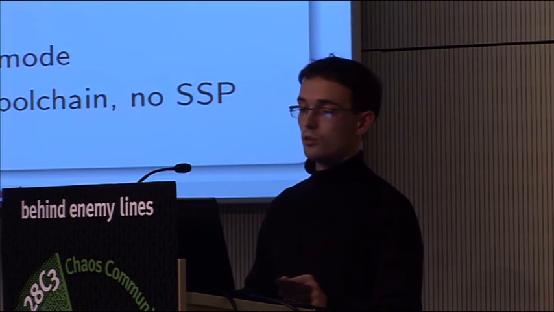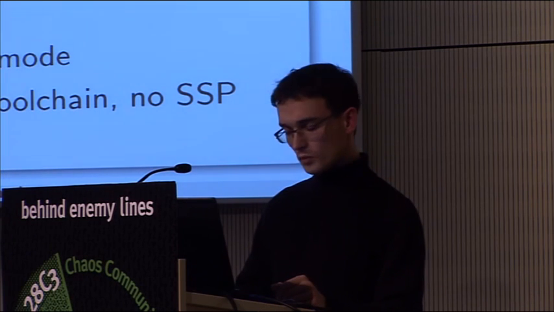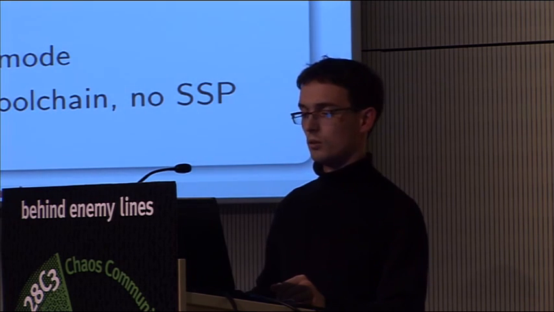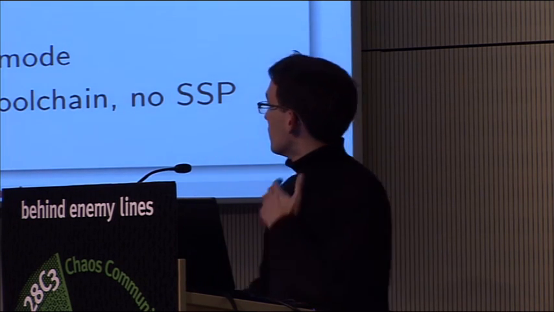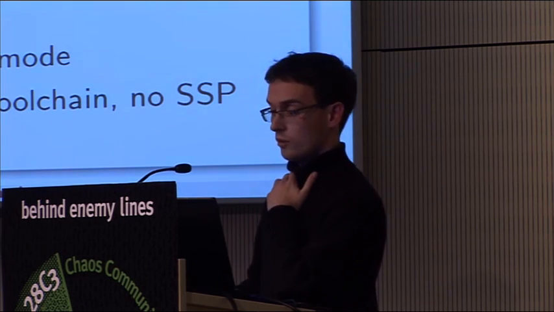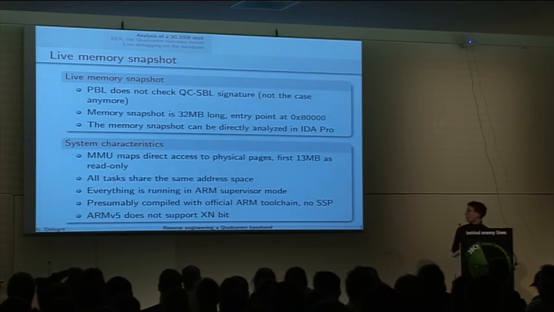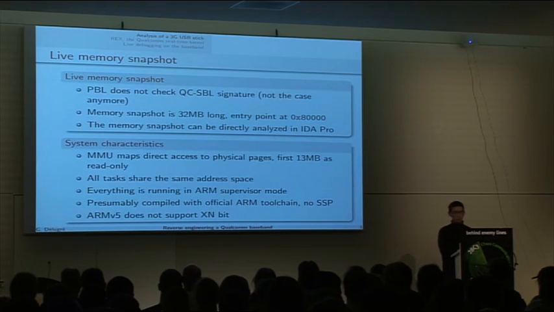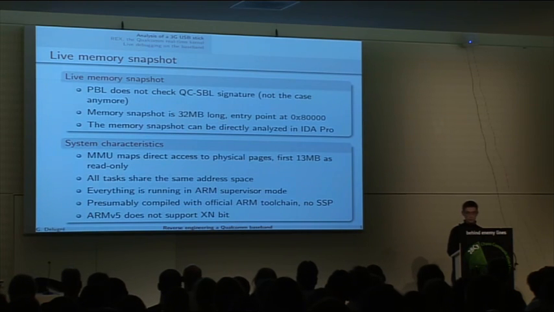You can quickly find where the page table is and see that the first 12 megabytes of memory are marked as read-only. Everything is running in ARM supervisor mode, and it's presumably compiled with RealView, which is the official ARM toolchain for compilation, with no stack protection, and ARMv5 does not support the XN bit, which is the same as the NX bit on x86.